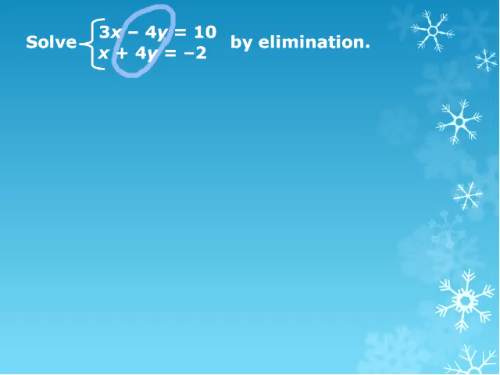The y's, right? Because if we look at the number in front of them, one's a -4 and one's a +4. That's the best case scenario we can run into, because when we add them together, it will go to 0. All right, so let's add. What is 3x plus 1x?